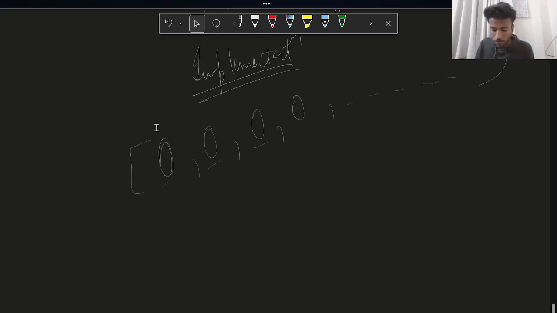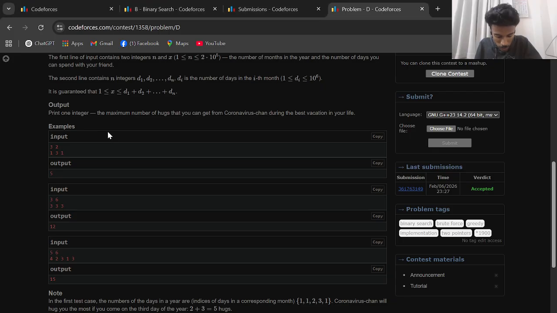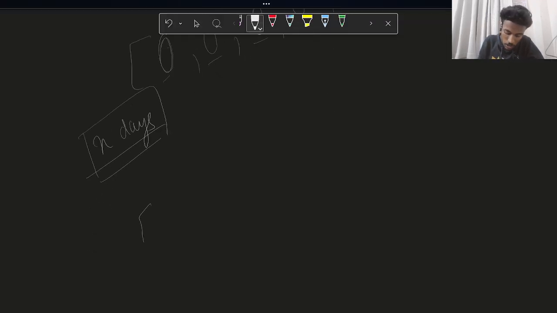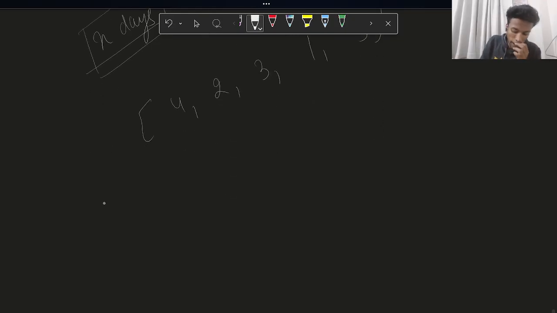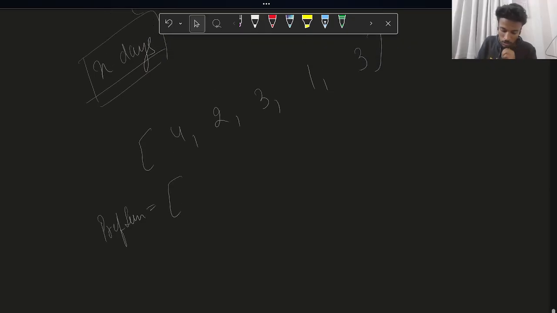Since you are given X days, and for each month you are given the number of days in that month, let me take this case: 4, 2, 3, 1, 3. One prefix sum array we'll make for the total number of days: 4, 6, 9, 10, 13.